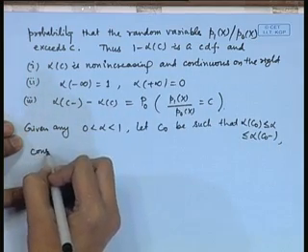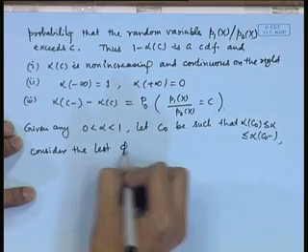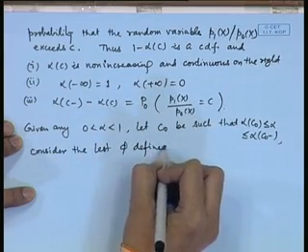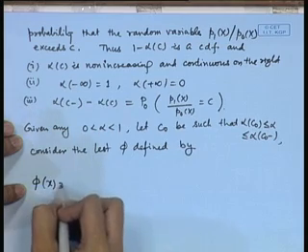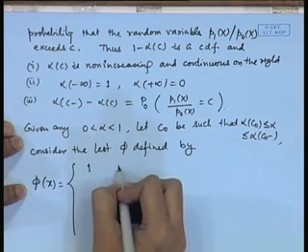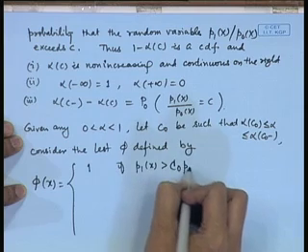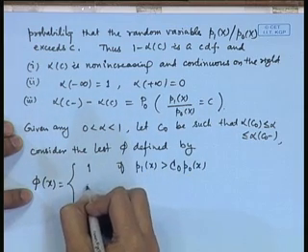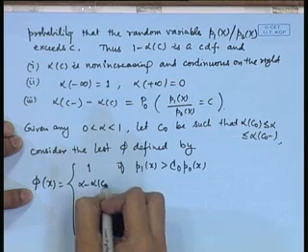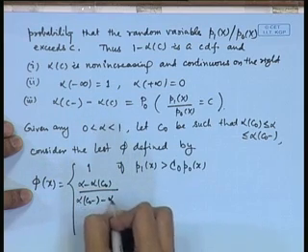Consider the test phi defined by, so we define phi x equal to 1 if P1 x is greater than C naught P naught x, and we define alpha minus alpha C naught divided by alpha C naught minus alpha C naught.